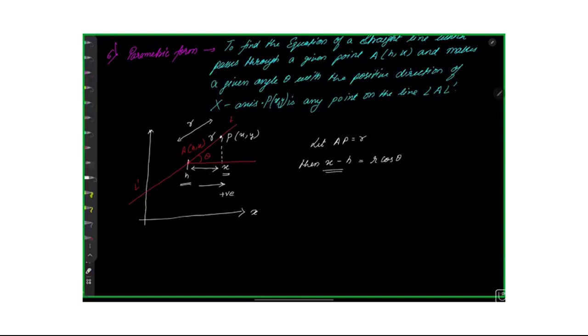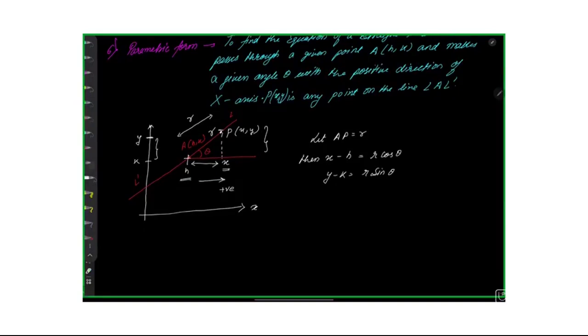Similarly, y minus k is r sin theta, right? What is y? y is the y coordinate of this. This is y. And k is the y coordinate of this. What is the distance between y and k? Nothing but the height between these. And what will be the height? If this is r, it will be r sin theta, right? So y minus k is r sin theta, right?